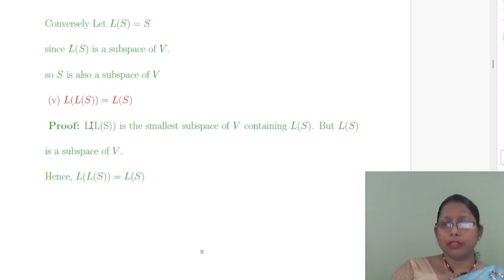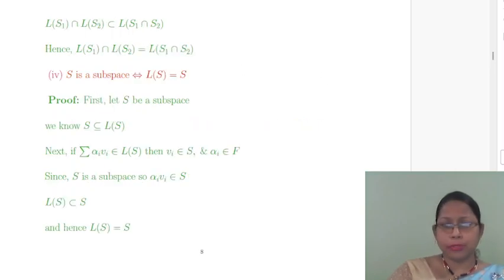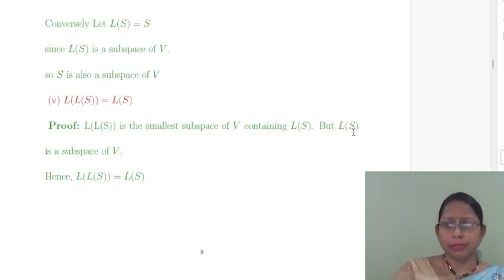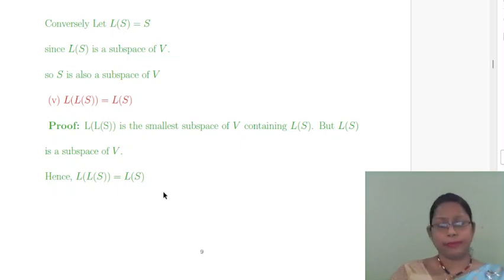So linear span of L of S is equal to L of S. That is from the previous property: if S is a subspace, linear span of S is equal to S. So here linear span is a subspace, so L of L of S is equal to L of S.